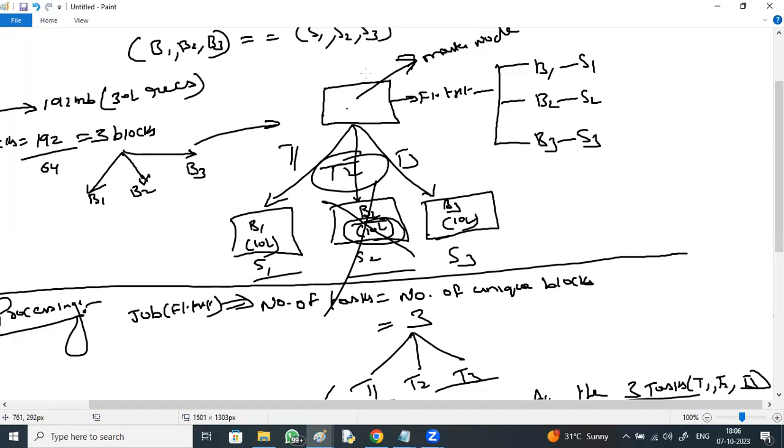Okay. How is Hadoop going to overcome this kind of situation? We have replication and fault tolerance, right?